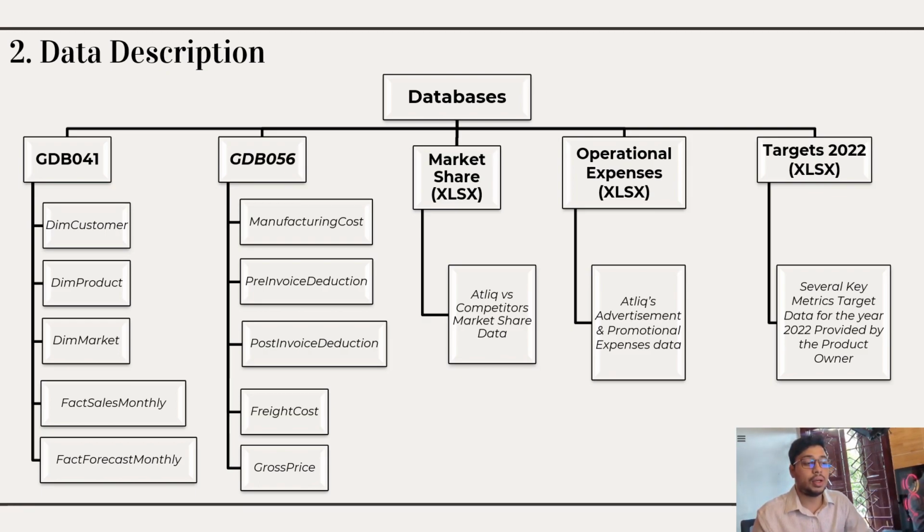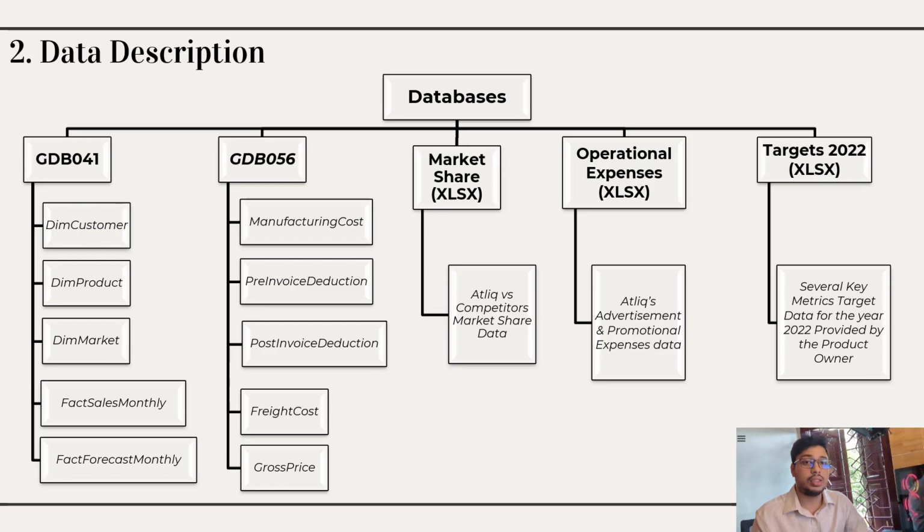After that, when we manufacture a product, before selling it, we have to advertise the products. We are getting all those advertisement costs and other costs from the remaining tables, like pre-invoice deduction and post-invoice deduction, which give us the advertisement cost of the products.